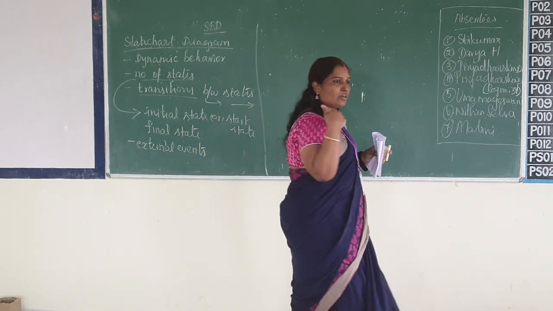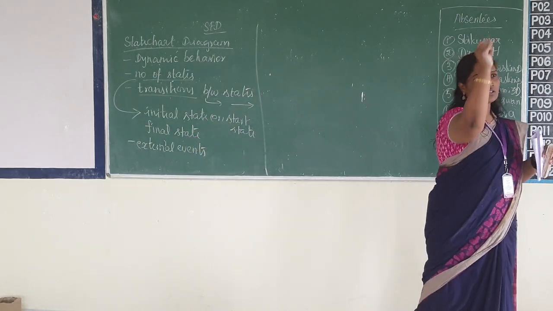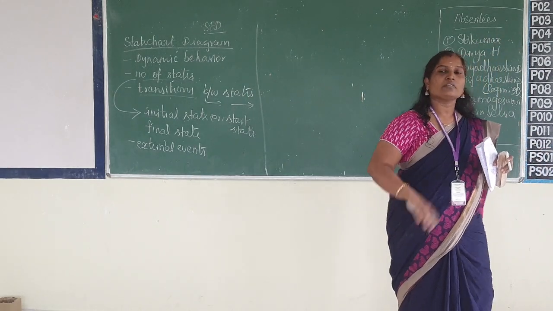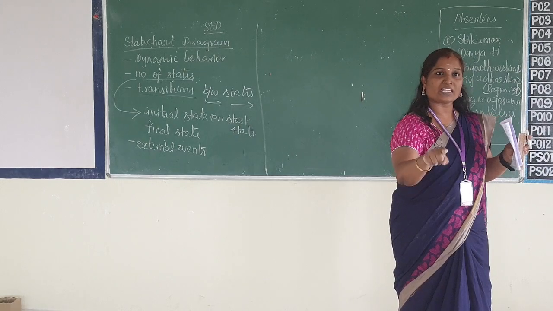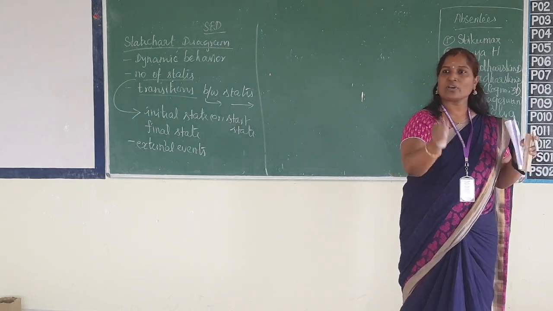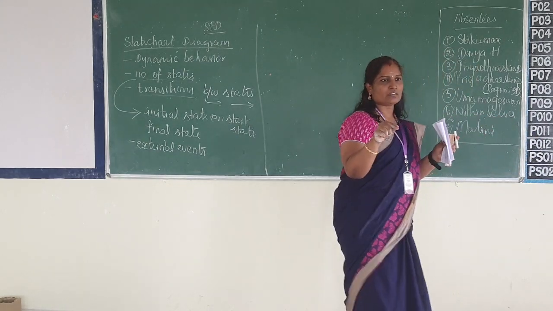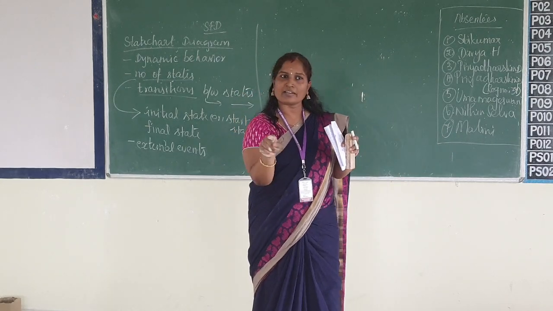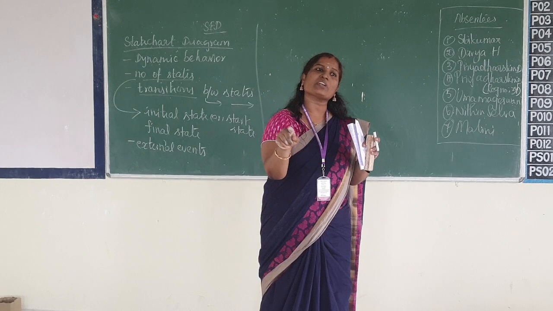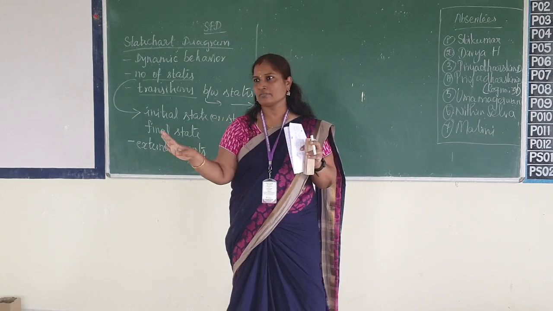Now can we draw the diagram like this? You are inserting a card. The card could not be inserted properly, so directly it could be eject the card. You are entering the pin, it is not accepted, you have given a wrong pin. So with that label, can you give a transition to eject the card? Correct?